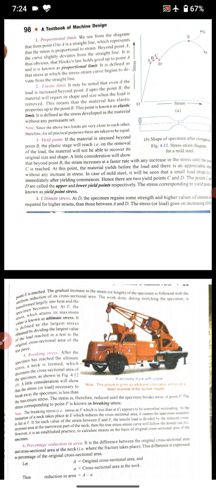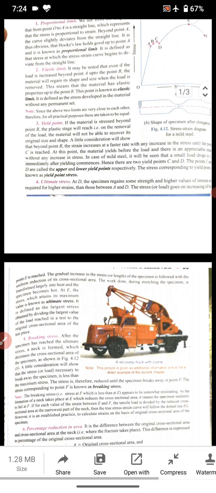According to ISO and also according to materials engineering, the L upon D ratio will be fixed for all.